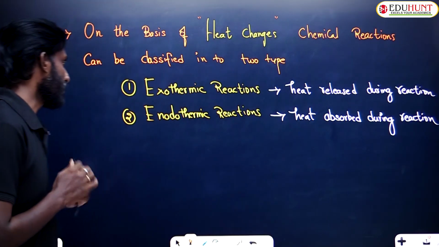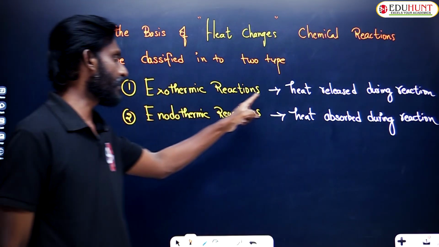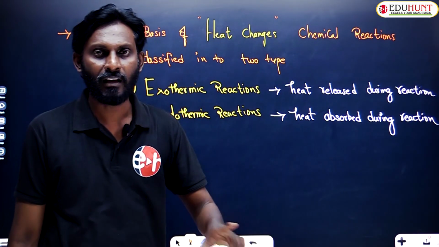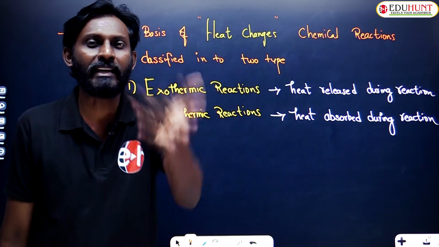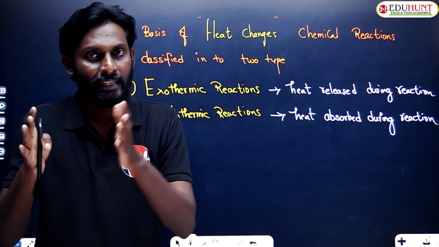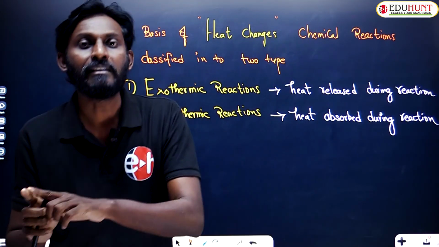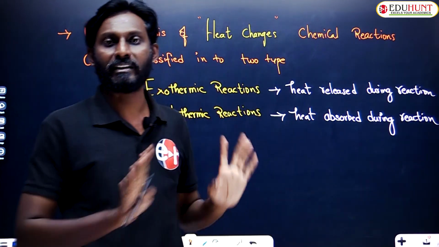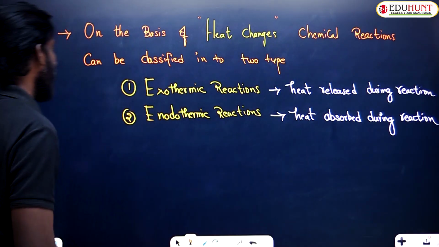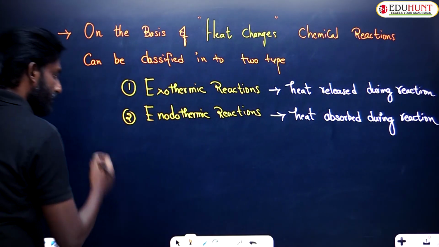Now think about this carefully. In an exothermic reaction, heat releases, which means the released heat is not created. The energy already existing in the chemicals is somehow releasing outside, right? Now I am going to explain that.